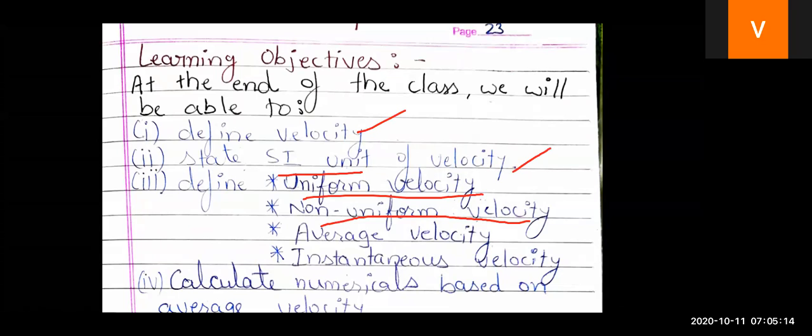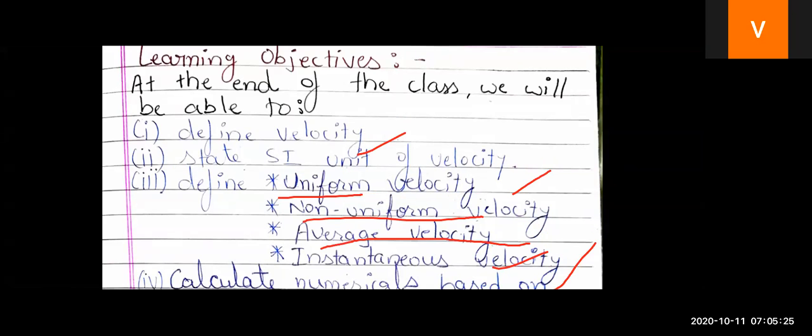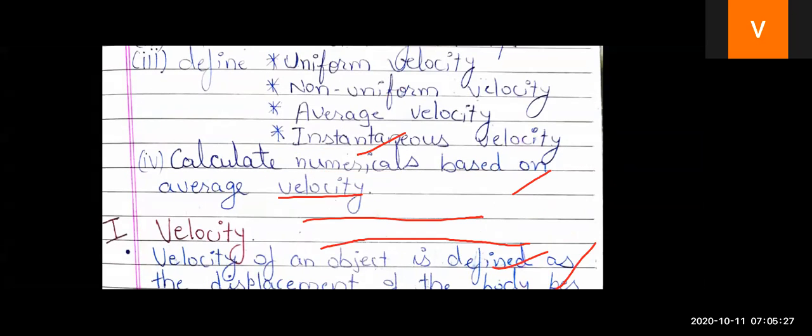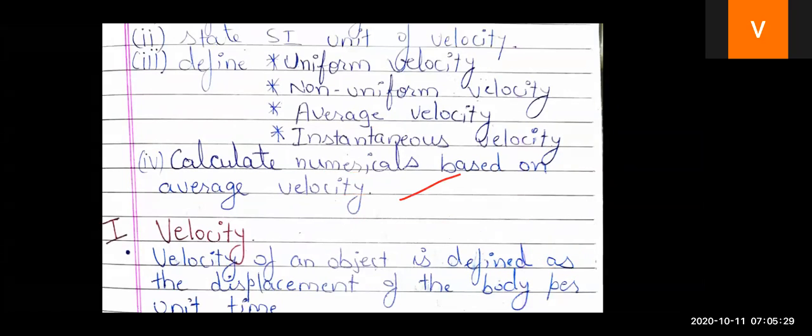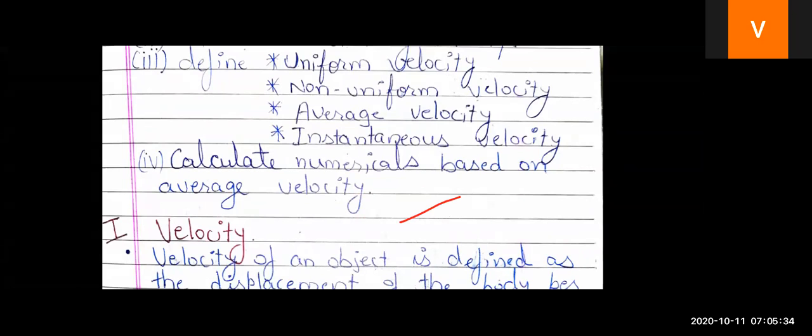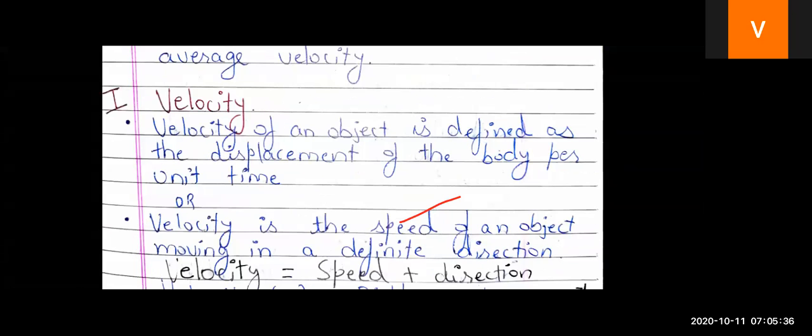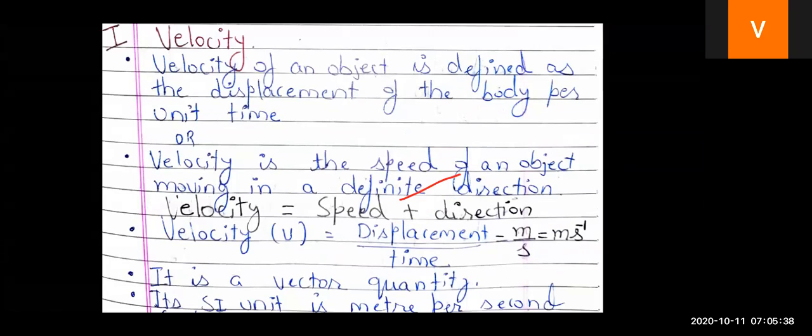We will be able to calculate the average velocity, and we will be able to define the instantaneous velocity. And then we will solve some numericals based on average speed. Right, children? So, let's start with today's class first topic.